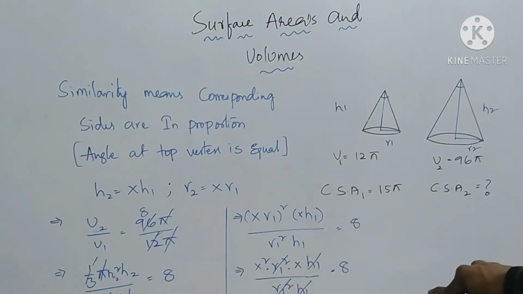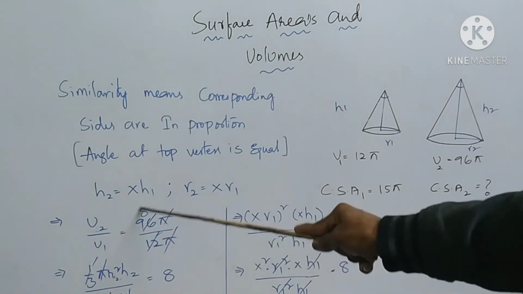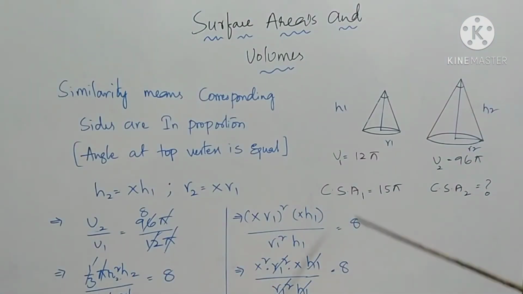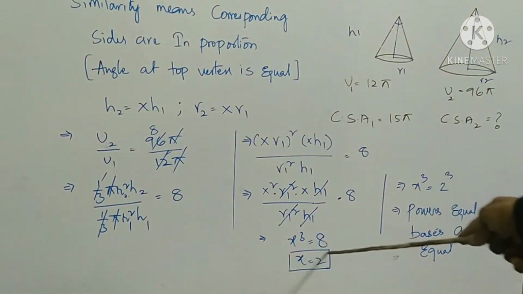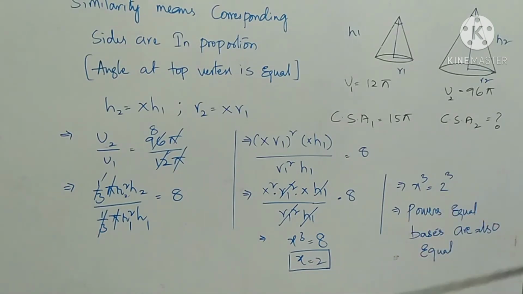R1 square cancels and H1 cancels. X square into X is X cube, equal to 8. So X cube is equal to 8, and X is equal to 2.